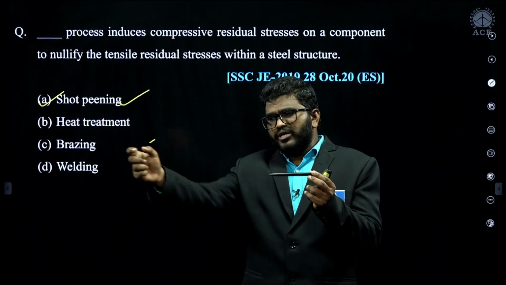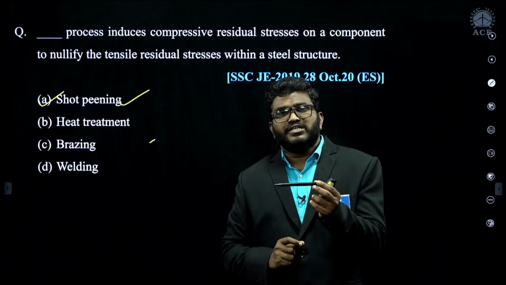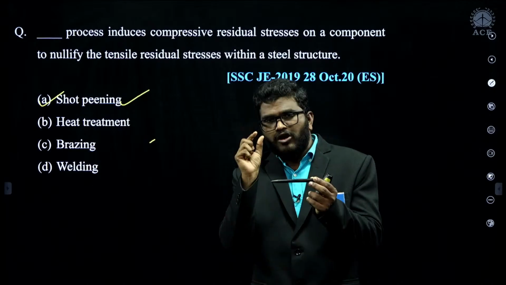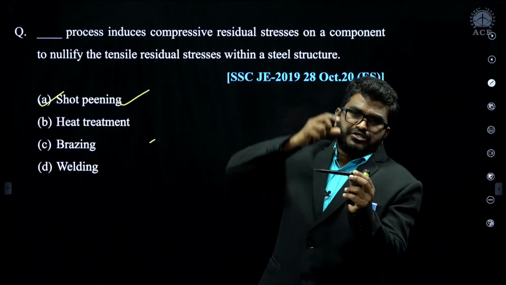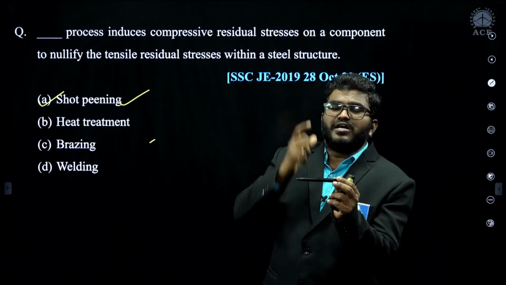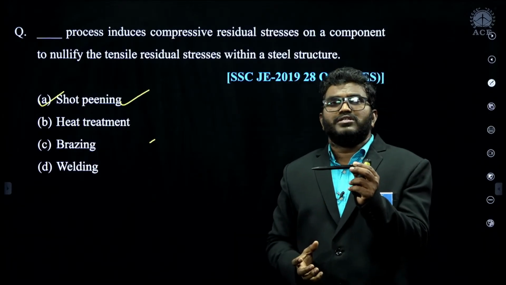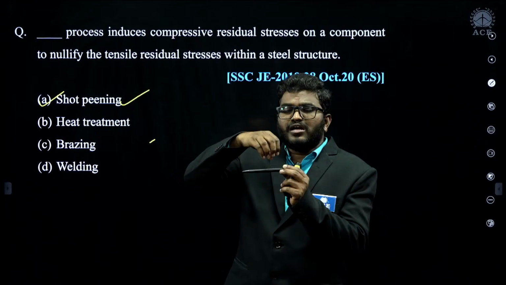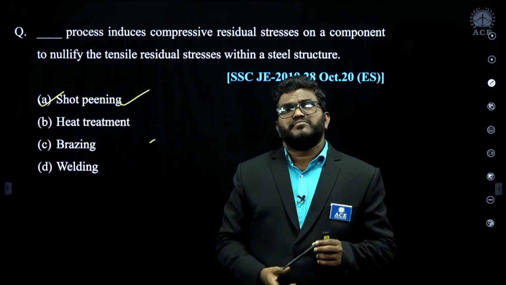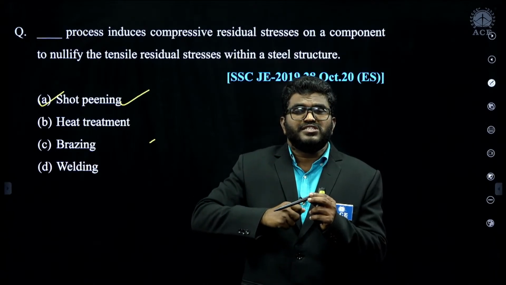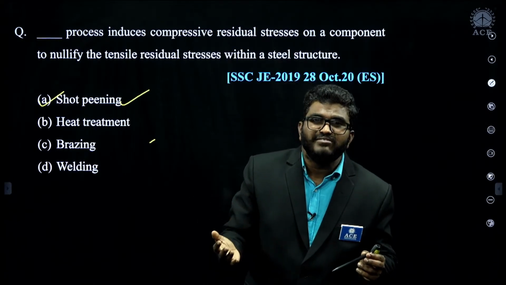In the shot peening process, we consider small spherical hard balls. We are applying forces, kinetic energies, on the surface using the hard balls. By applying kinetic energies with the hard balls, compressive residual stresses are generated on the surface of the component. Because of the compressive residual stresses, the tensile residual stresses are relieved.